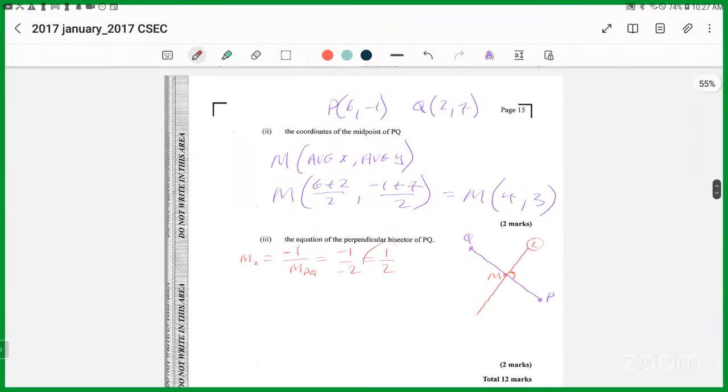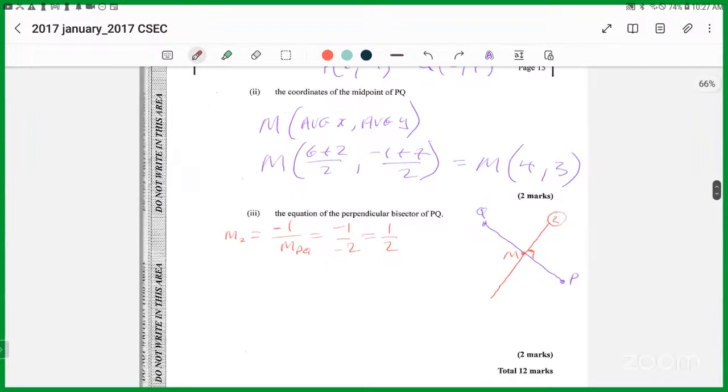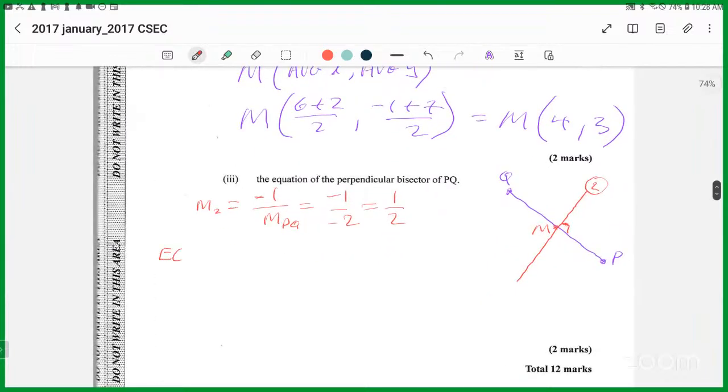So we're using this gradient and this point now to find the equation of the line. The equation of that second line, using what we call the BFF formula, is y minus ym equals the gradient of line 2 into x minus xm.